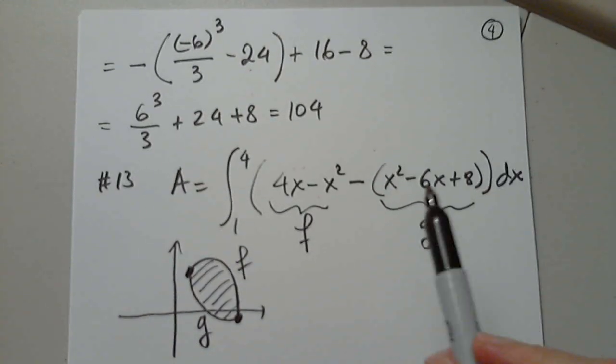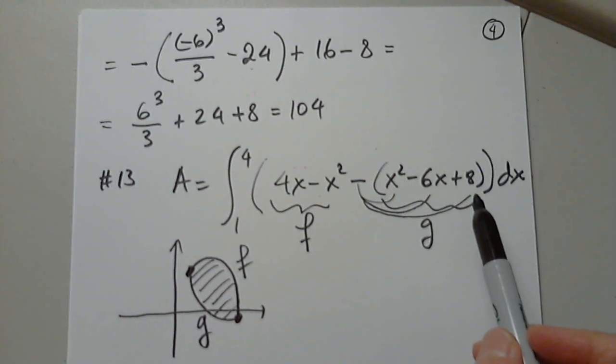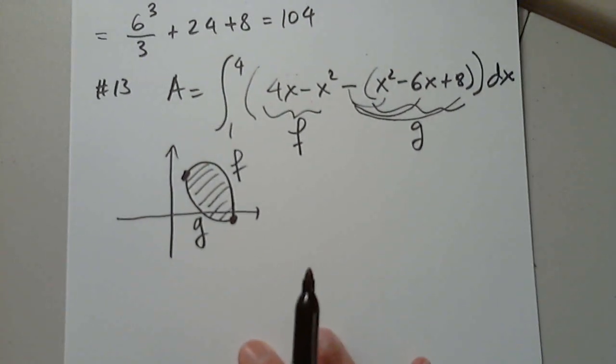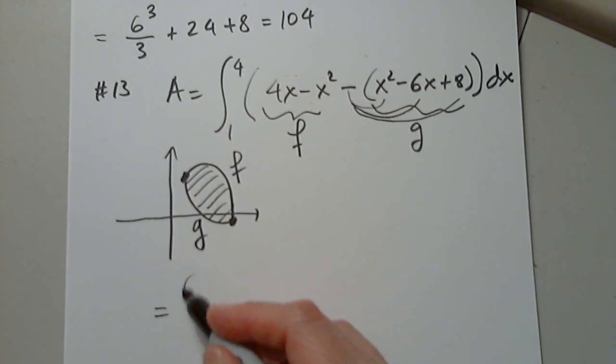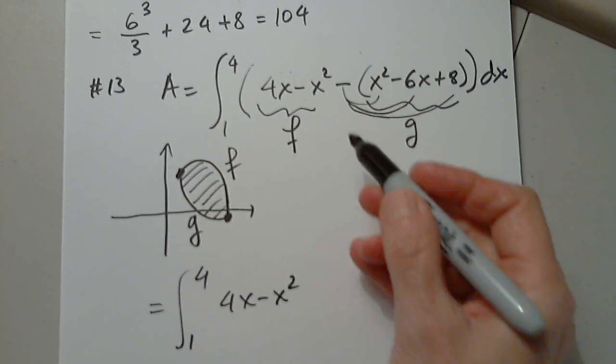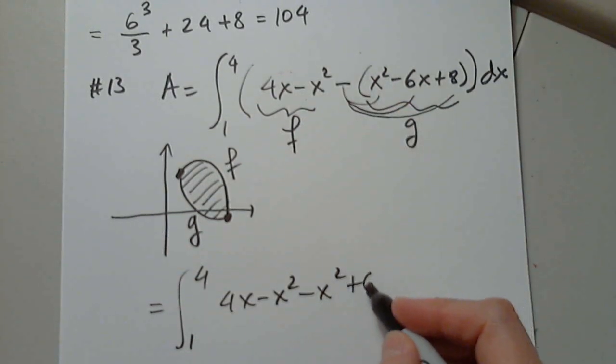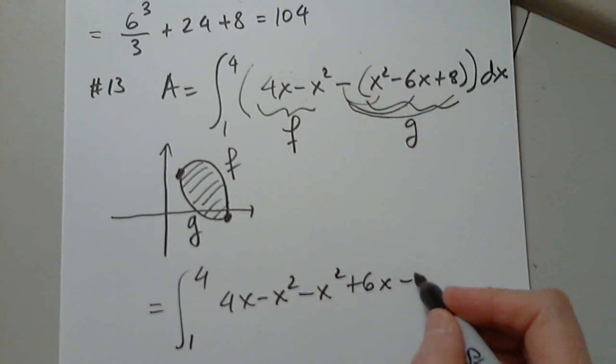Now remember, I have to distribute the negative sign to all three terms. So then, the integral from 1 to 4, 4x minus x squared minus x squared plus 6x minus 8.